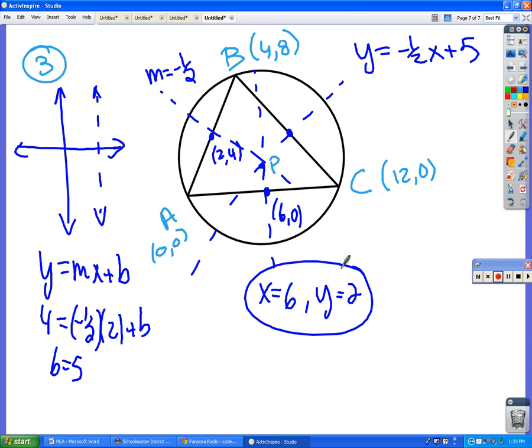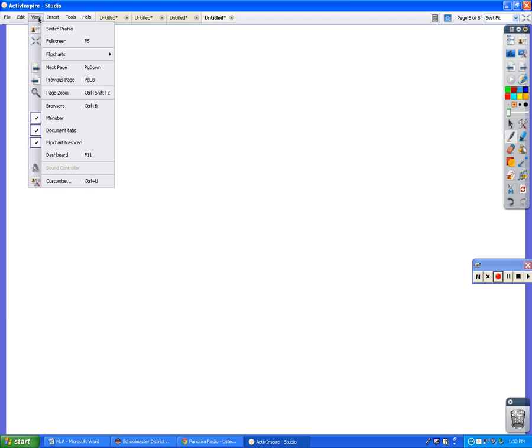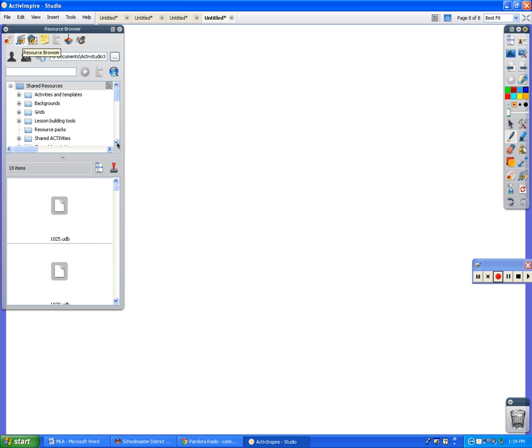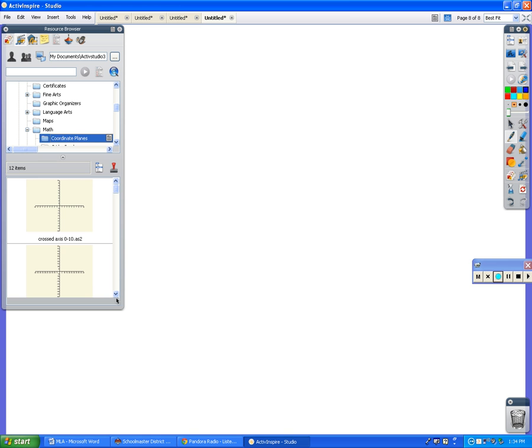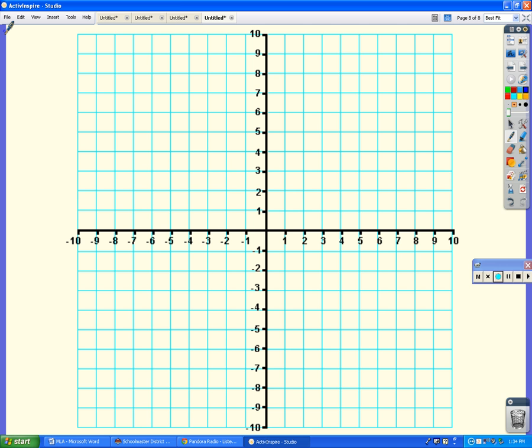Okay, let me, it might help if I draw this on a graph. Okay, so what we did is we had a circle. I'm going to cheat a little bit, okay? Because I already know the answer is 6, 2. Oh wait, did it go all the way to 12?